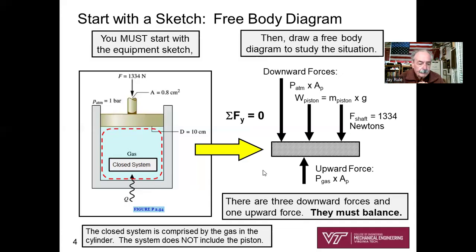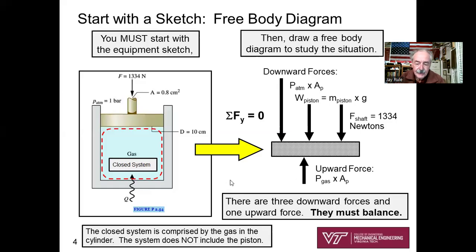Also, do you remember in the problem it said heat is added very slowly? So there's no acceleration of the piston, things are going slow. And so that must mean that at all times during the process, the sum of the downward forces is going to have to exactly equal the sum of the upward forces. So the sum of these three forces is going to have to exactly equal this single upward force.